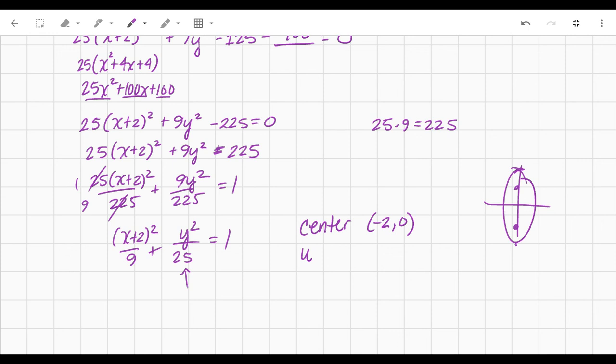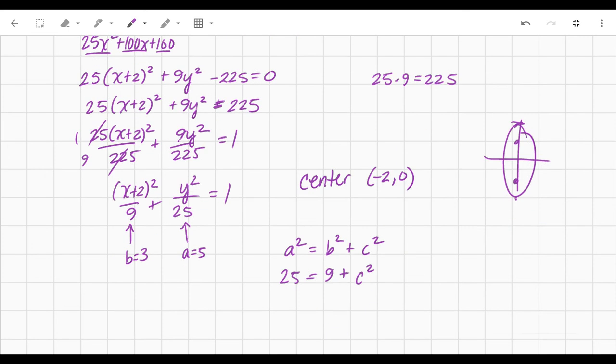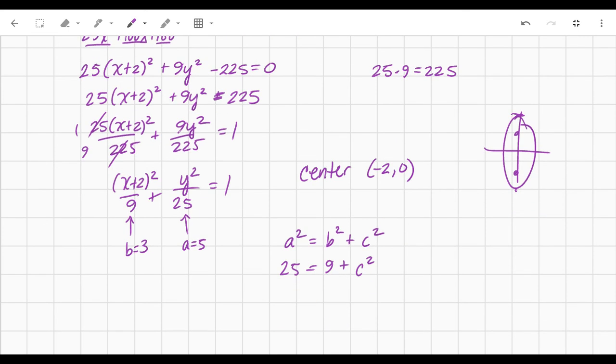Because the bigger number again is 25, A is 5, B is 3, and A squared is B squared plus C squared. So 25 is 9 plus C squared. It's going to work out nice for you. You're going to get used to all these square numbers. C squared is 16, so C is 4.